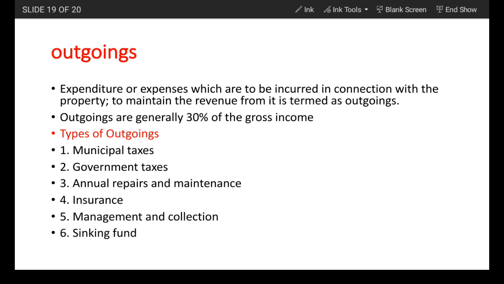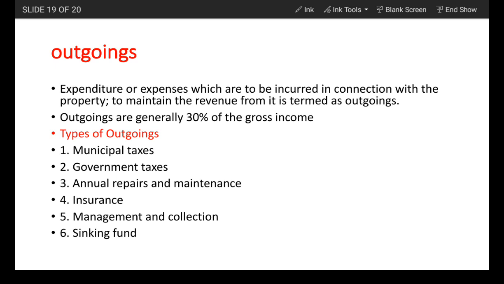And insurance is the premium paid by the owner of the property. It depends upon the sum assured. Then management and collection fees. These are the charges which consist of the expenses on watchman, liftman, sweeper, rent collector, etc. These charges are generally taken as 5 to 10% of the gross rent.